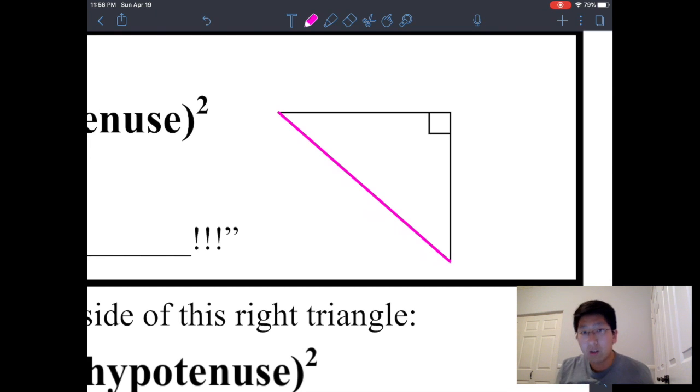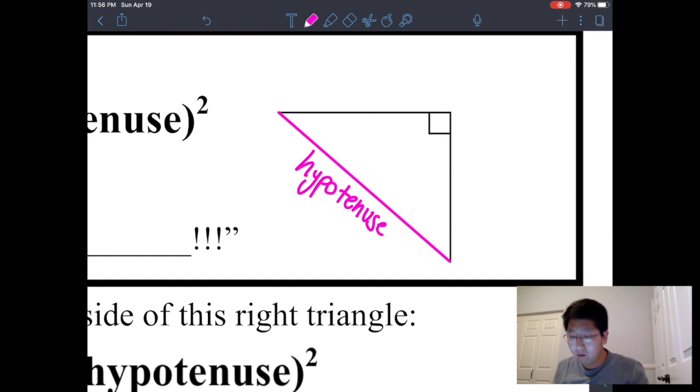Okay, so I'm going to go ahead and actually turn my iPad. Let me make sure I'm right. Hypotenuse, yeah. So that's our hypotenuse, and over here we have our legs, right? The 2 sides that create the right triangle.